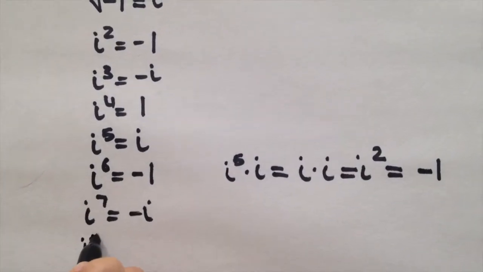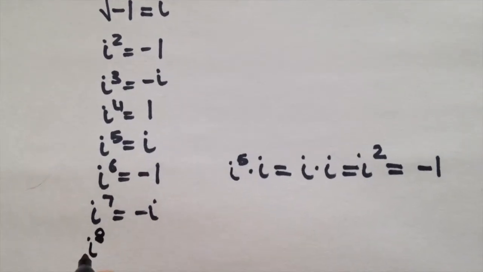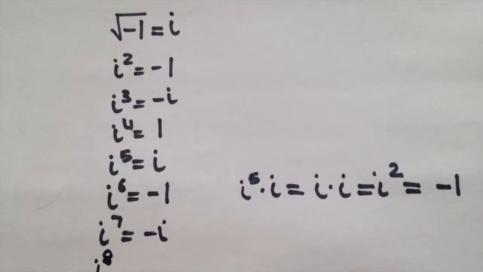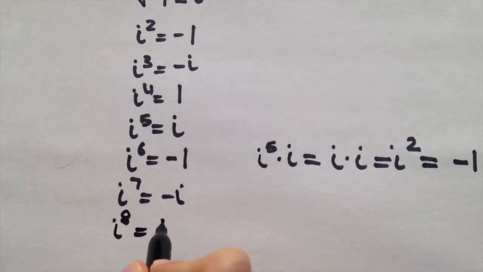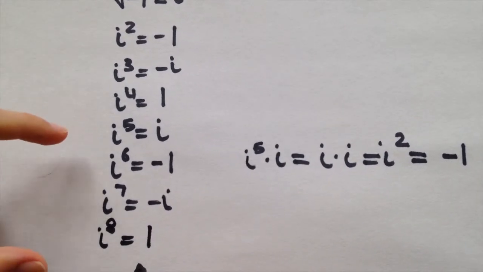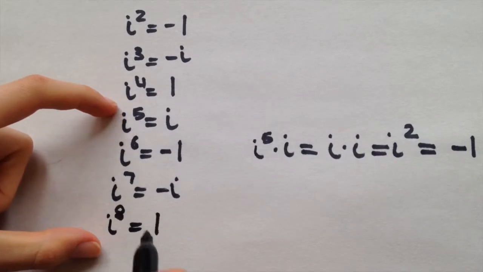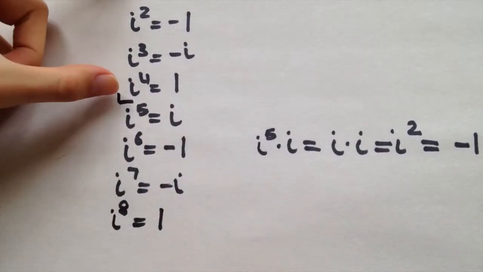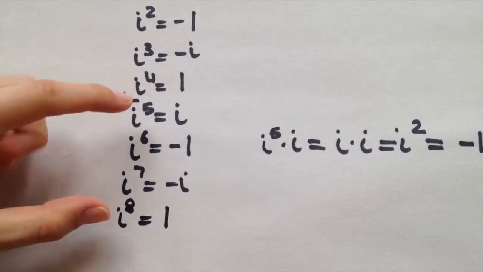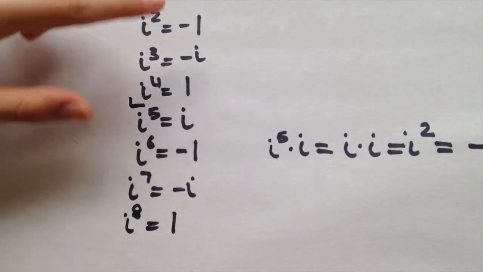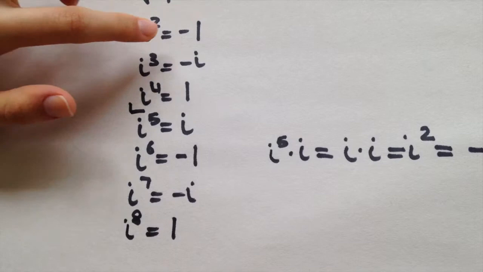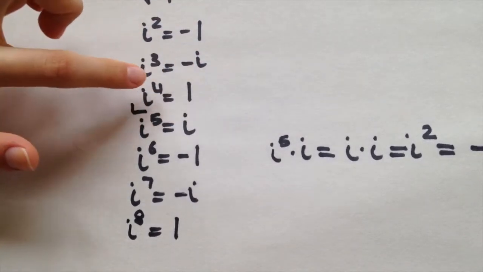Now to i to the power of 8. The problem that we were originally going to look at and that we're going to do now is equal to 1. Now you can see that after every 4, the pattern begins from the top. i, -1, -i, 1.